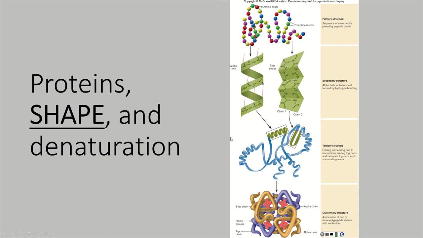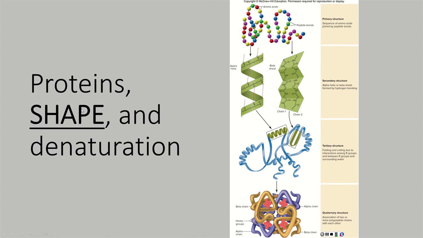So proteins, it's all going to be about shape. Shape is essential for proteins. That's what determines what job they have, how well they do their job, how they do their job. It's all about shape.